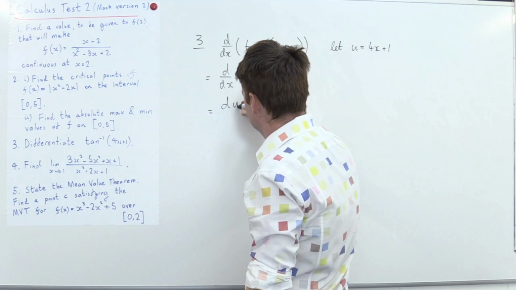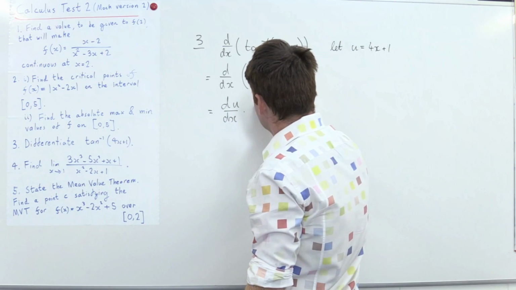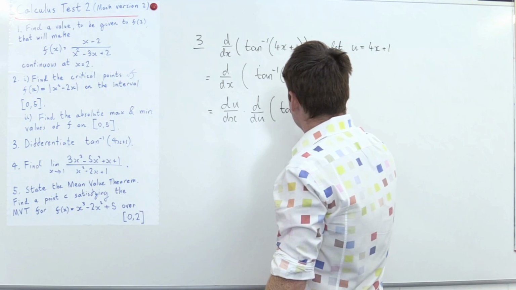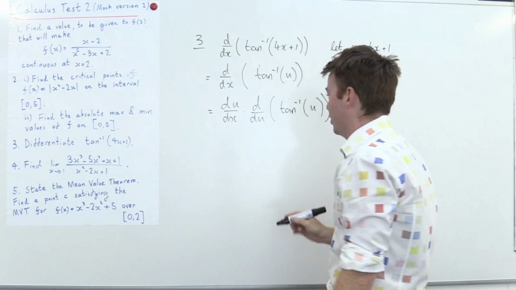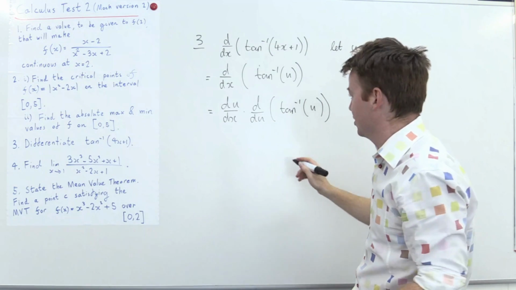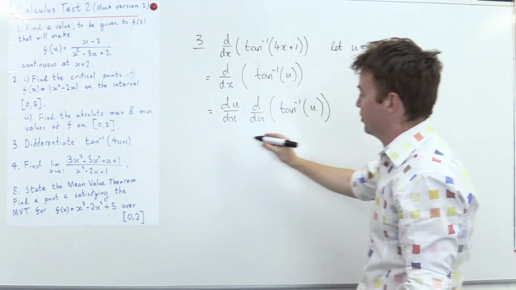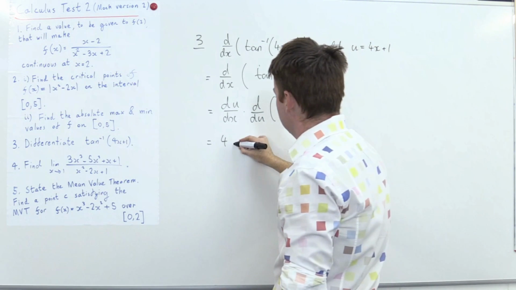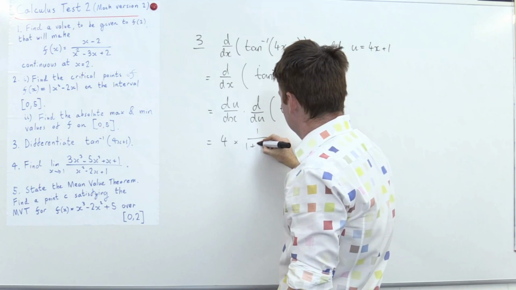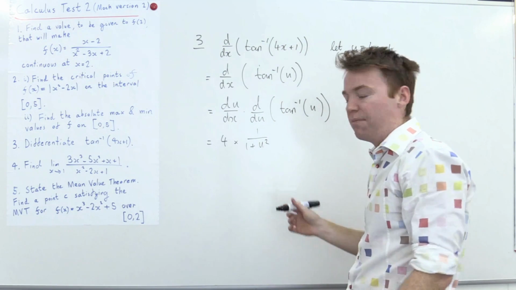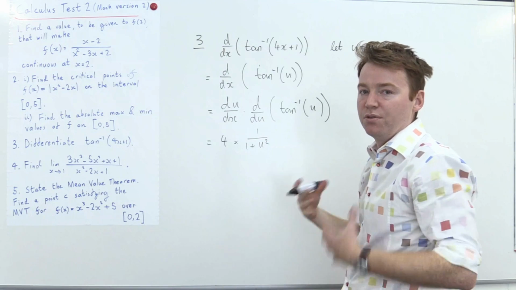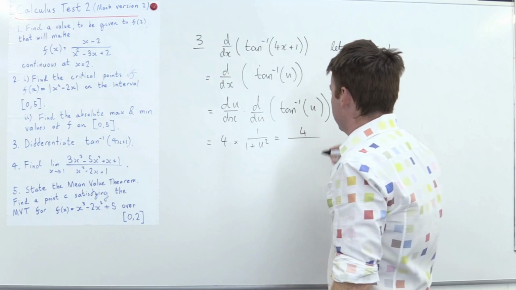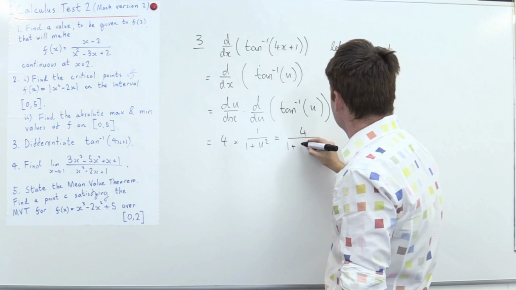So this is going to be, okay, now I'm comfortable with what's going on. du/dx, well, that's just going to be 4. du of this is 1 on. And now I need to eliminate the u's. The u is just introduced for my benefit, and I need to rephrase the answer back in terms of the original x, so this will be 1 plus.